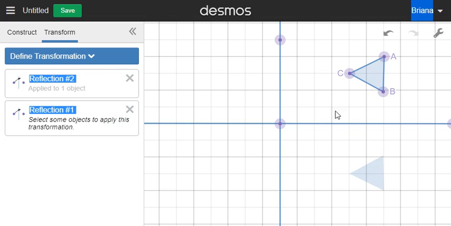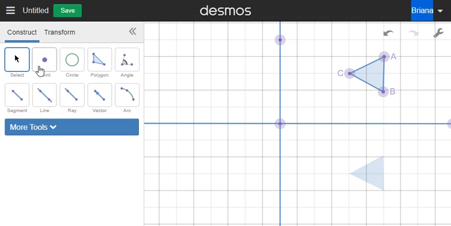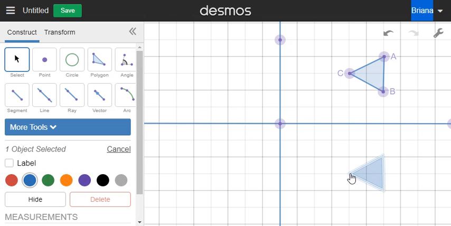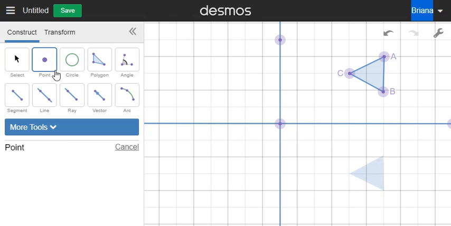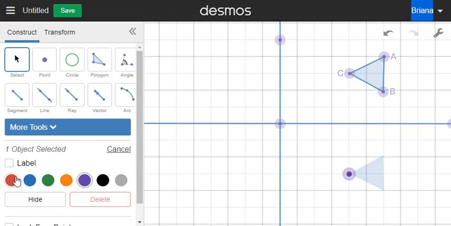So if we look, we've got C, A, B. I'm going to label each point. This one is C prime.